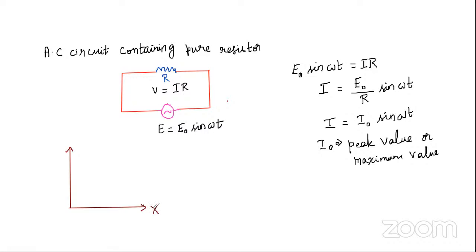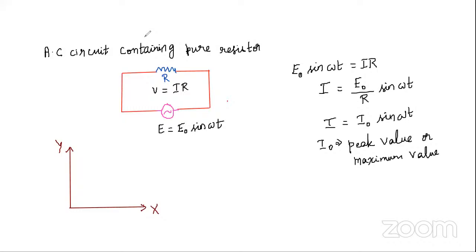Here your EMF and current won't be having any phase difference, so both should be marked along the same line.